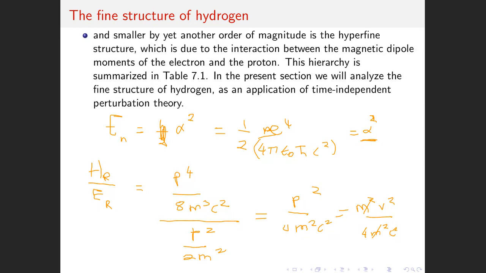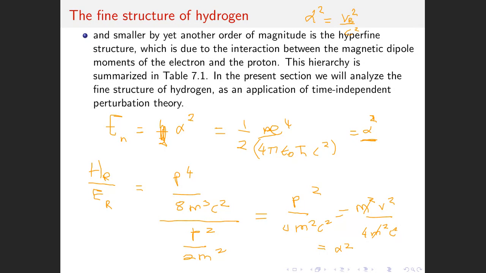I just spent 5 minutes explaining that alpha squared, one operational definition, is the ratio of the speed of the electron in the first Bohr orbit to the speed of light, squared. So once everything cancels, you get v squared over c squared, which is alpha squared.